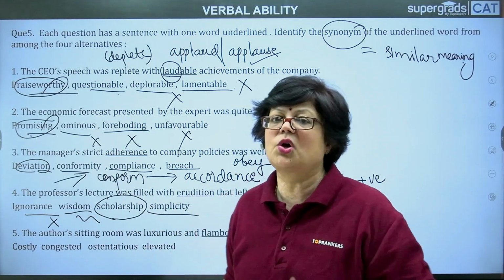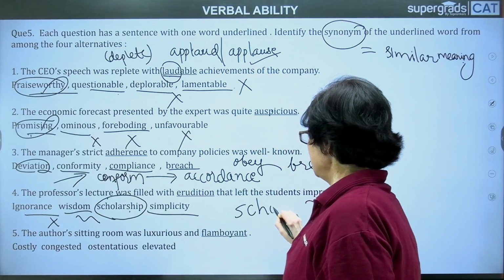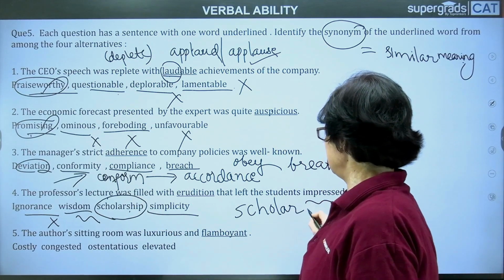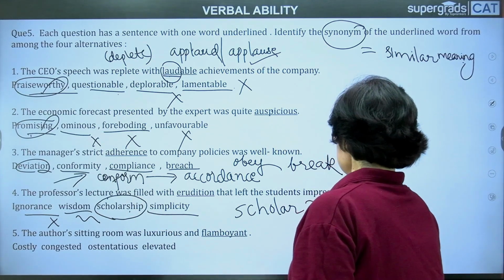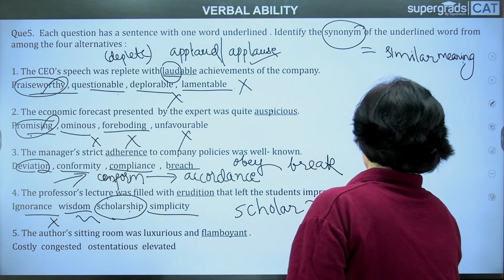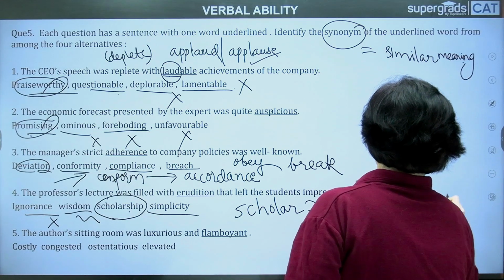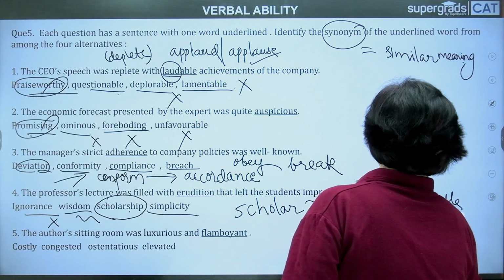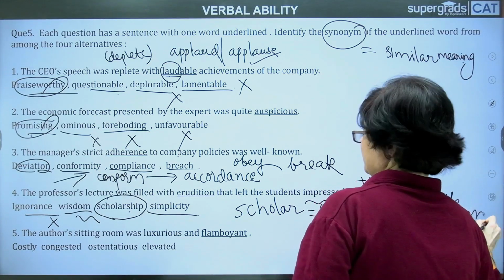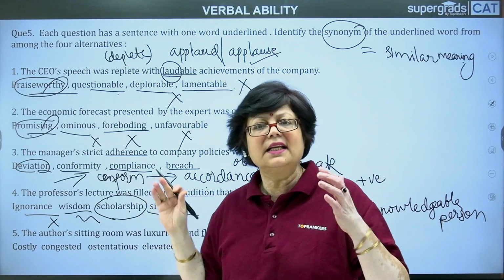Not that scholarship. Scholarship has come from the word scholar. A scholar is a highly knowledgeable person. So the answer is scholarship. Erudition means here scholarship, full of knowledge and learning.